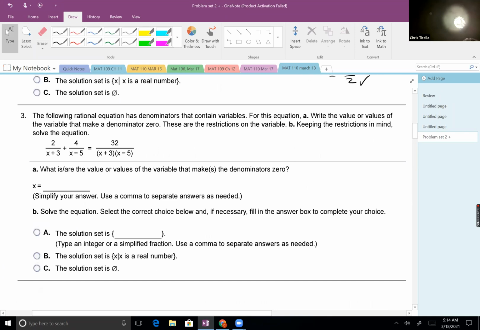It says the following rational equation has denominators that contain variables. First part asks, what are the value or values of the variable that makes the denominator 0? Remember we had said with a rational equation where there's a variable in the denominator, we've got to find what values to exclude, and the values that we would exclude are the values that make that denominator 0.